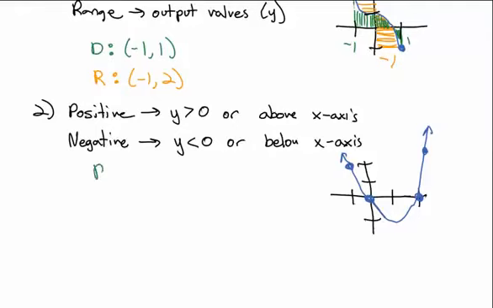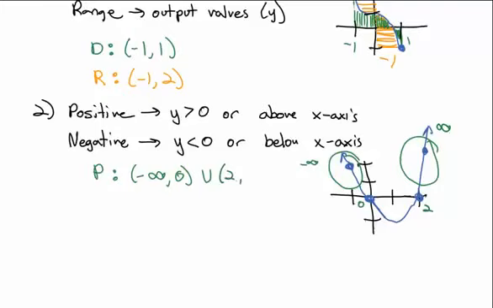We would say the graph is positive wherever the graph is above the x-axis. So all the way to the left is -infinity down to 0. And then we will do a union. It goes back positive above the x-axis again at 2 all the way to infinity.